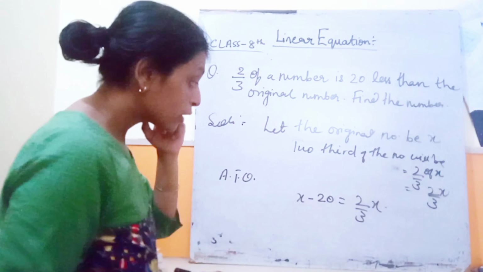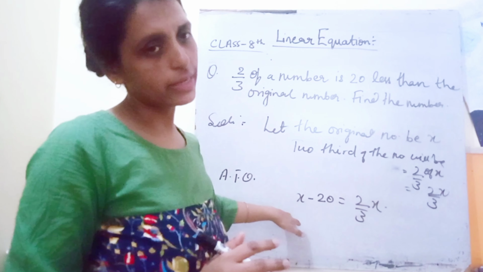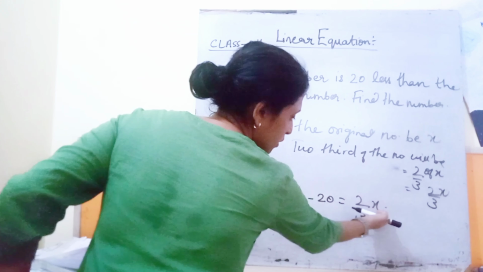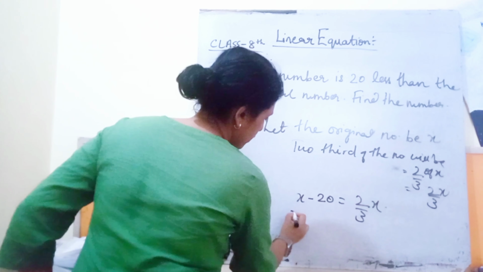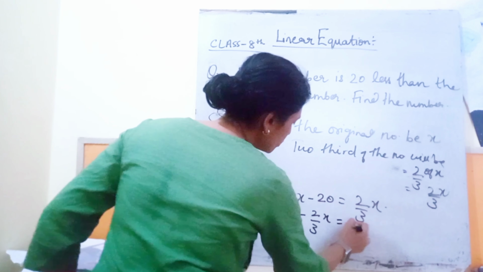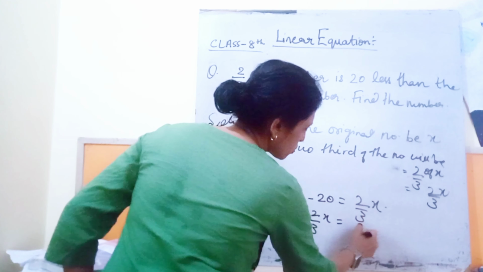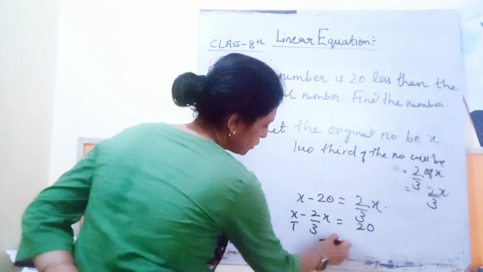Got it? Now we will bring the same terms on one side. This has the variable x and this has x, so we bring it here. x minus 2/3 x is equal to minus 20, which goes to the other side, so it becomes plus 20. We take the LCM of 1 and 3, which is 3.